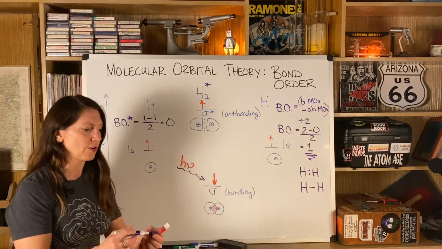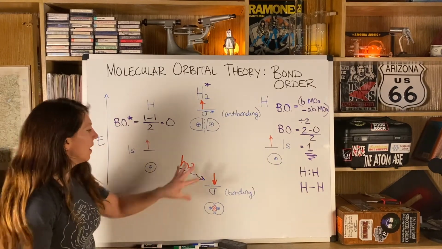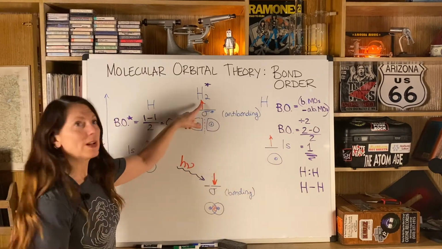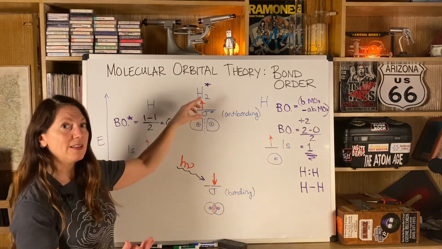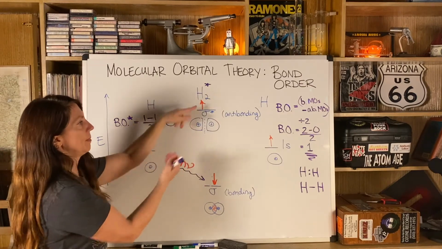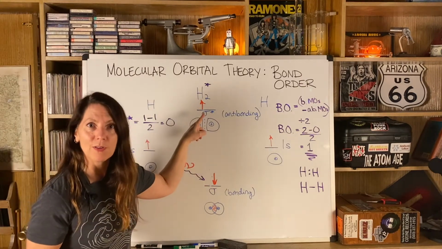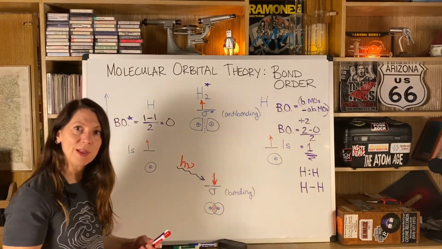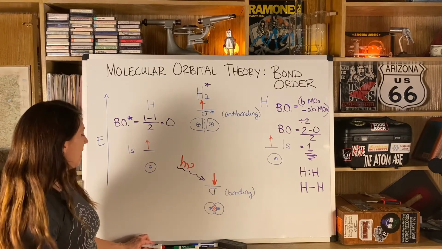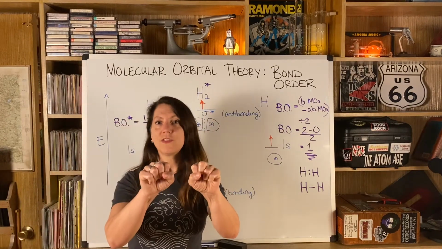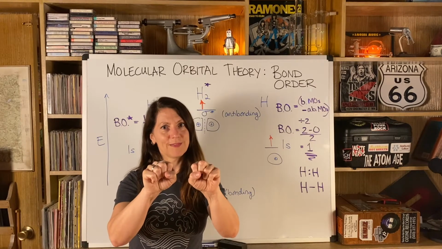We have an electron that is in a stable bonding molecular orbital, and we have 1 electron that is in an unstable, pretty close to equally unstable anti-bonding orbital. They're going to negate each other. And so what is this molecule going to do? If it has a bond order of 0, there is nothing keeping those 2 hydrogens together.